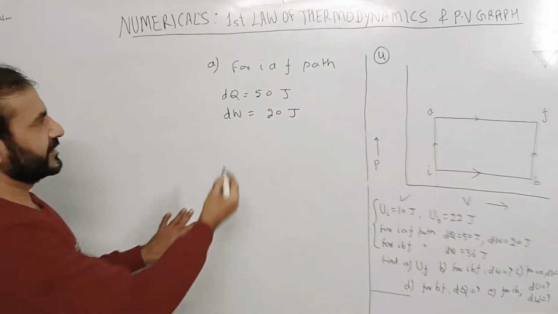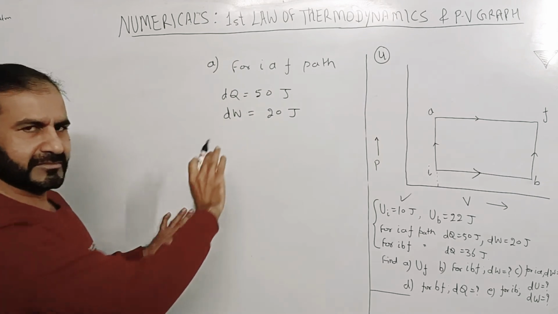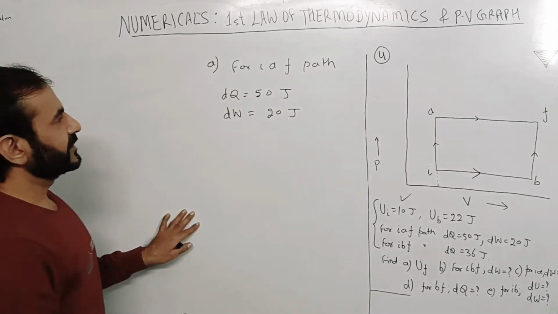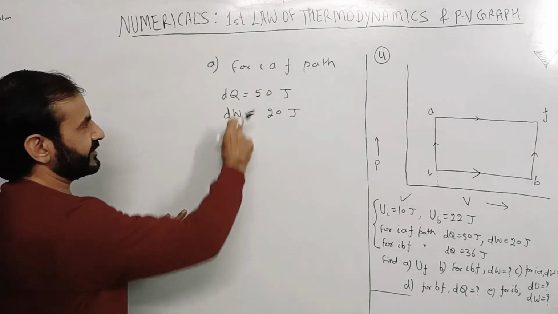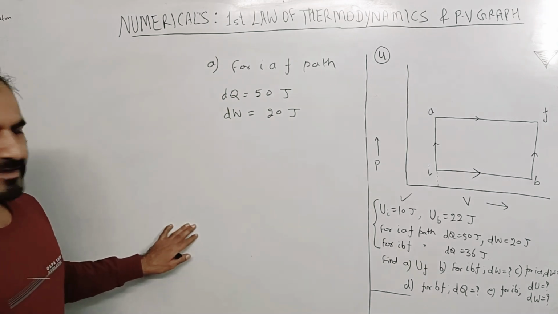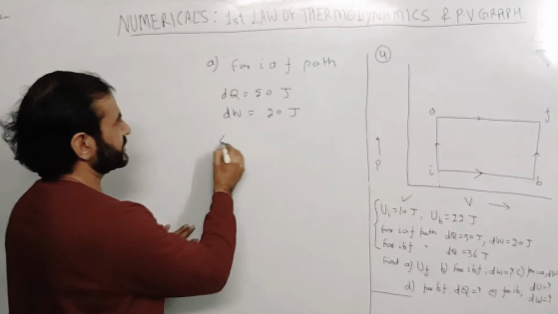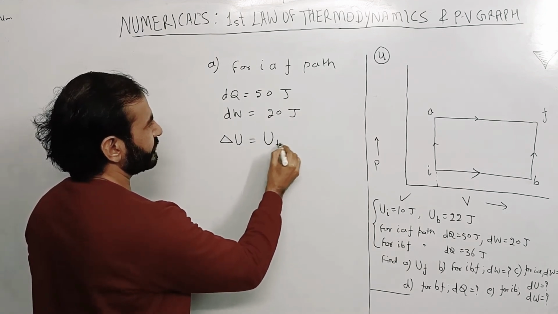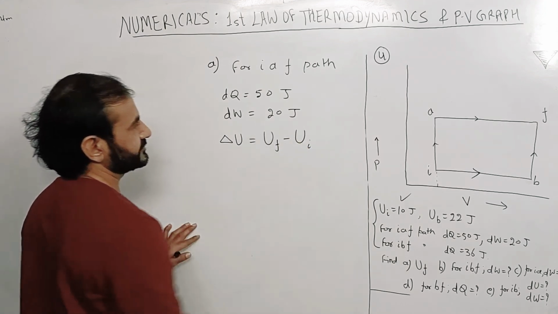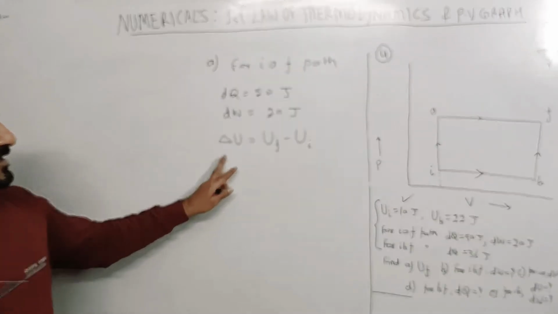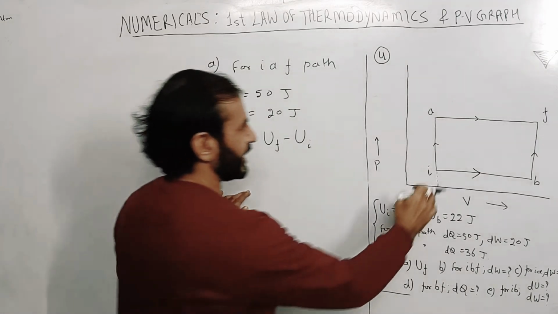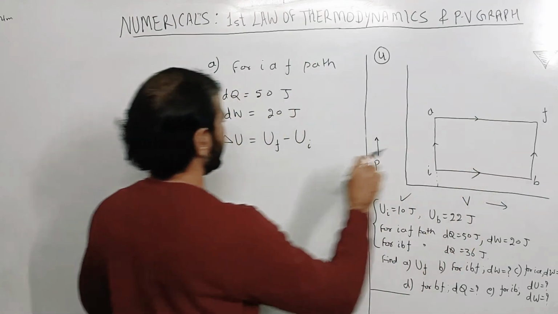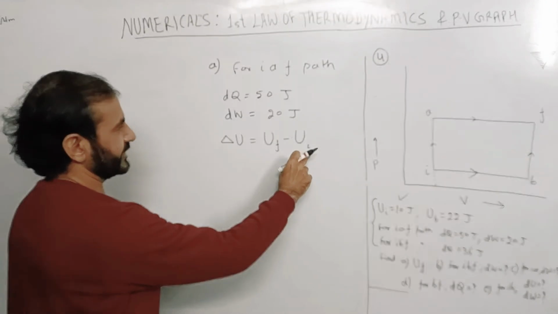Here, say just Q or dQ, the same thing. With the help of these two data, we can find change in internal energy, that is delta U, which is UF minus UI. Change in energy in going from I to F via any path will be UF minus UI.